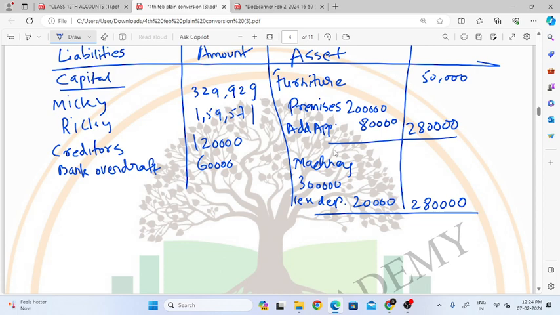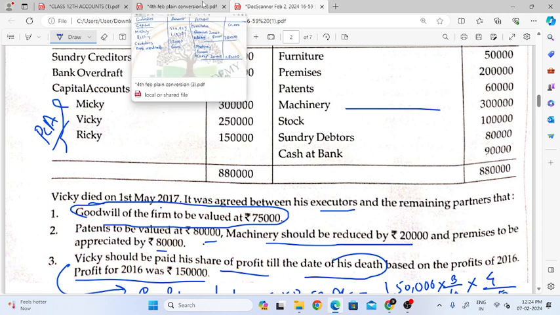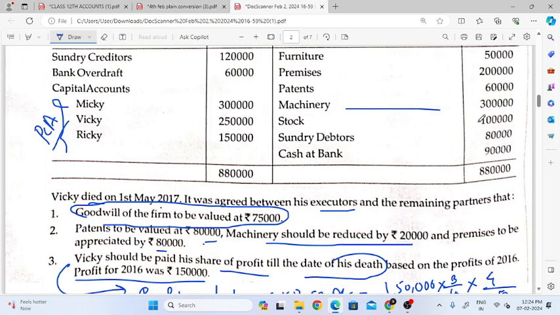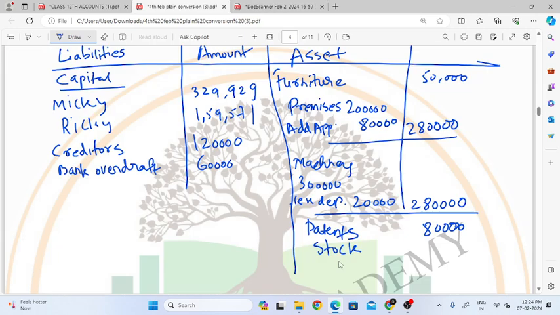Then patents actual amount is 60,000, and it is to be valued at 80,000, so only 80,000 we are going to take. Patents 80,000. Then stock amount they have given as 1 lakh, and no information is provided with regards to stock, so stock is 1 lakh.